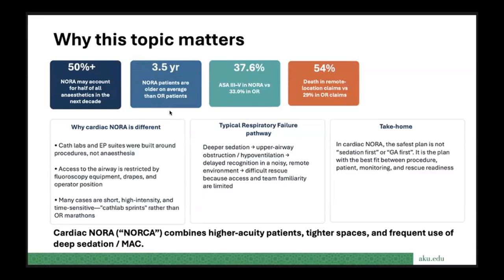It is the plan with the best fit between the procedure, patient monitoring, and rescue readiness. The combination of high-risk patients, limited head access, and frequent deep sedation makes respiratory failure one of the most relevant threats in modern cardiac non-operating room anesthesia.